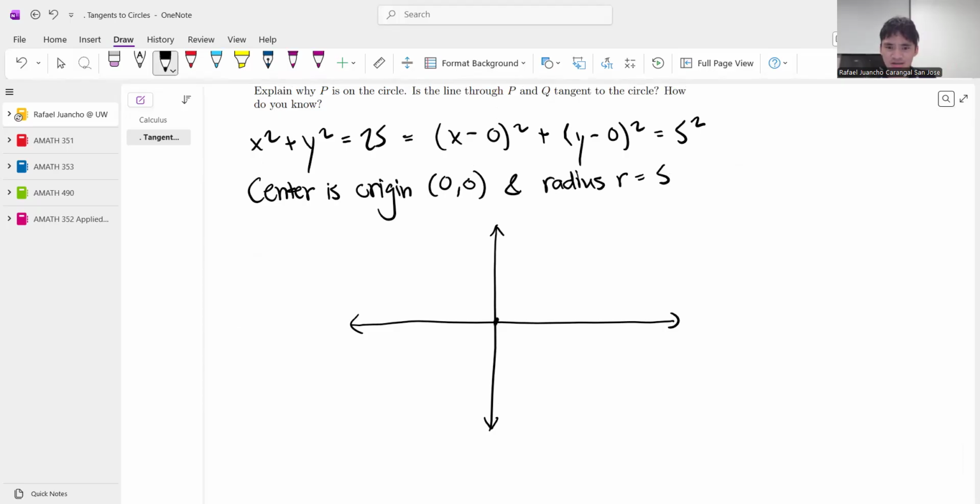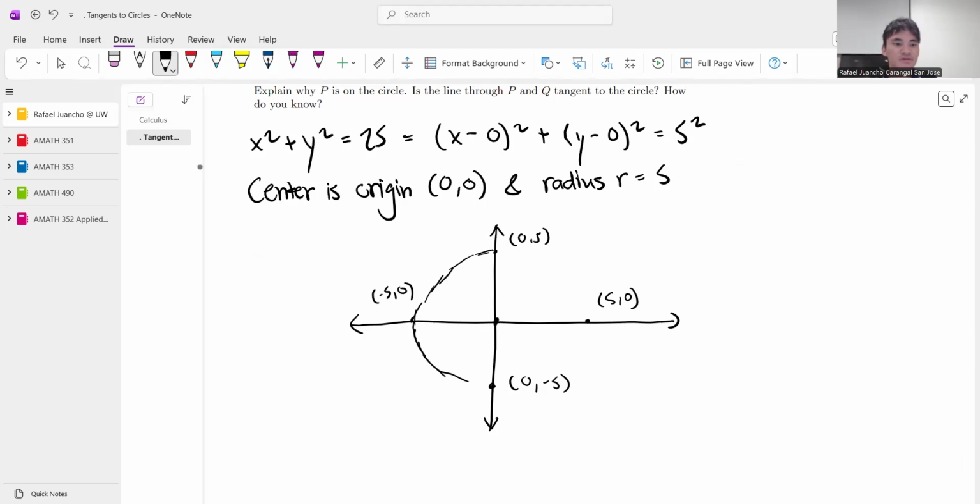So the first dot is going to be the center 0, 0, and my radius is 5. So my other points would be 5, 0. Oh, shoot, I messed that one up. I mean 0, 5. Maybe a 5, 0 here, a negative 5, 0 here, a 0, negative 5 here, and then I just draw.